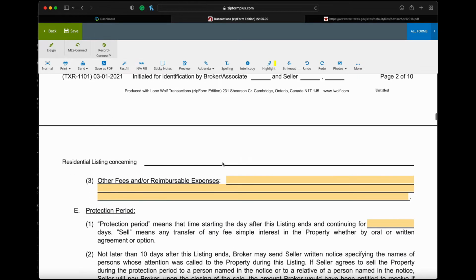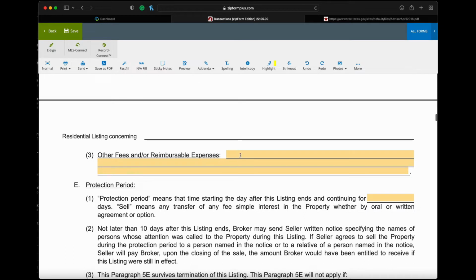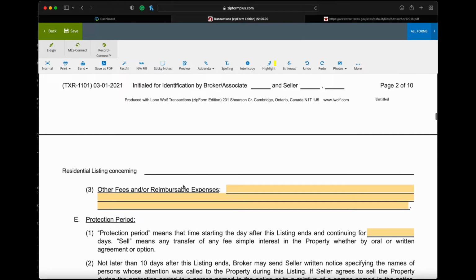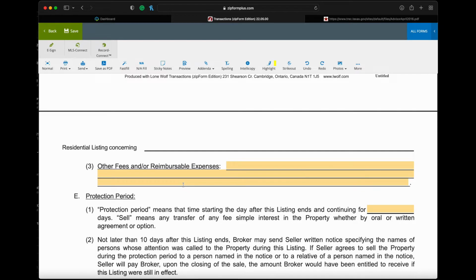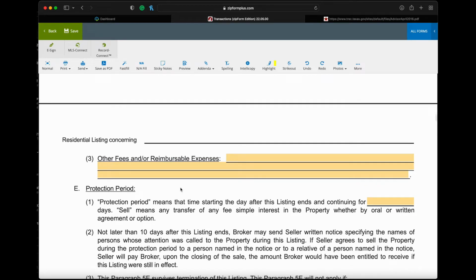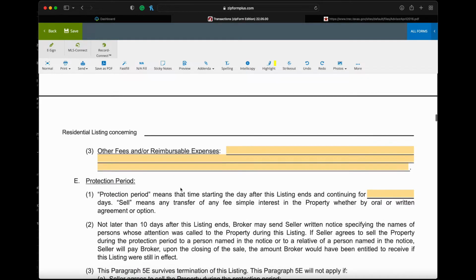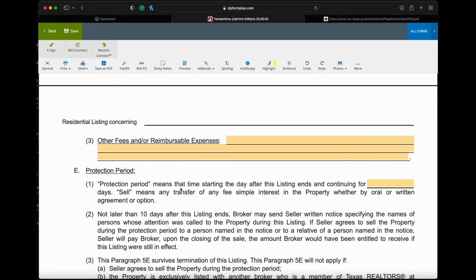Other fees and reimbursable expenses. This is a little bit important. It depends on what you're going to do. For an example, let's say the seller is out of town, or they're just not very capable of maintaining their house.